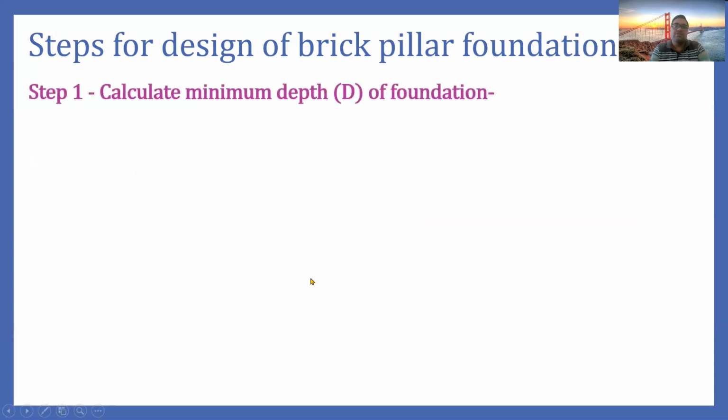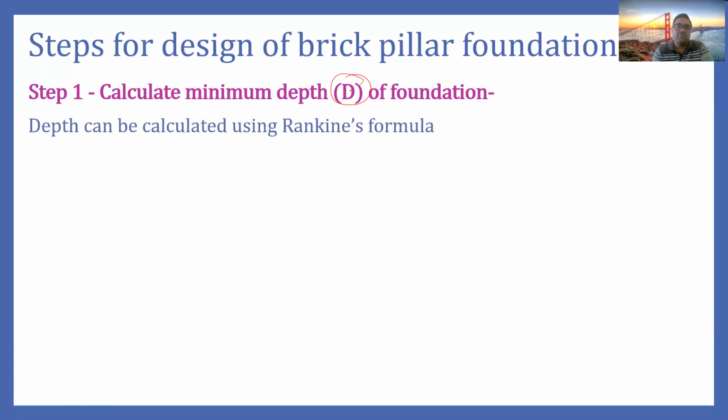In this, our first step is to calculate the minimum depth of foundation. So this D I have shown you in the previous slide. This depth is basically measured from the ground level to the bottom of the PCC. And this depth can be calculated by using one of the formulas called Rankine's formula.